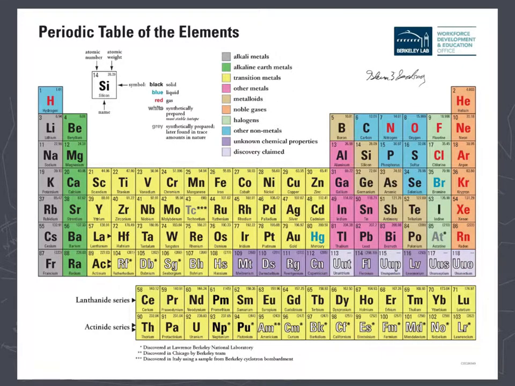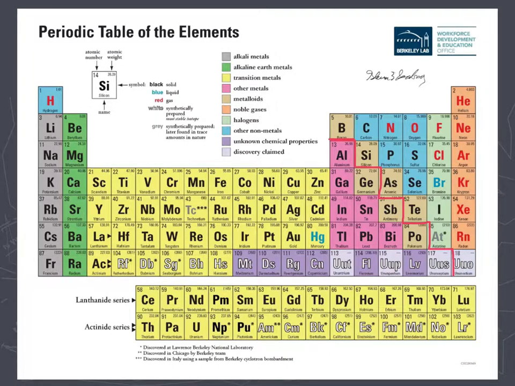Now we're going to do one more thing while I'm here, and I'm going to draw in this thing called the staircase. You've seen some periodic tables have a staircase, and we're going to draw in our staircase right now to show you what that means. There's a staircase that starts right below boron, and then travels down just like a regular staircase all the way down to the end here.